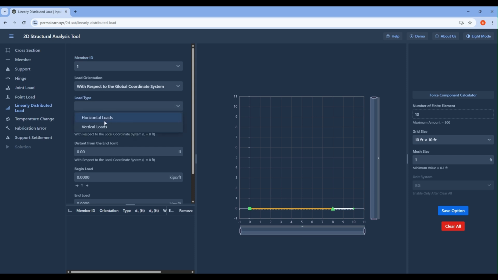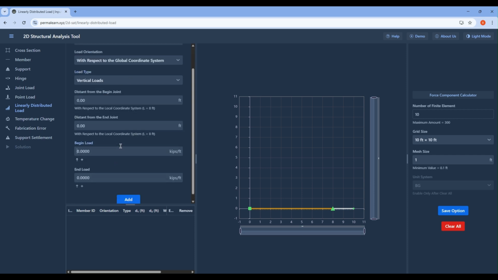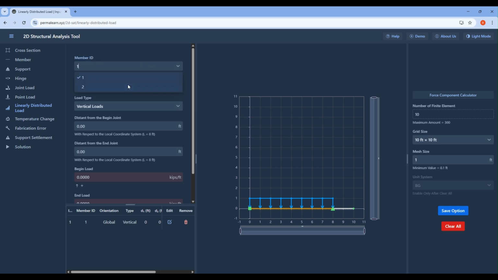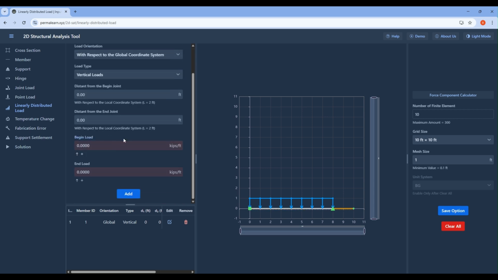Number 1, load type is vertical, and begin load is -4 to -4. Since the uniform load is acting from the begin joint to end joint, we don't need to put the input of these two options. Add, and then another member, the same, -4 and -4.